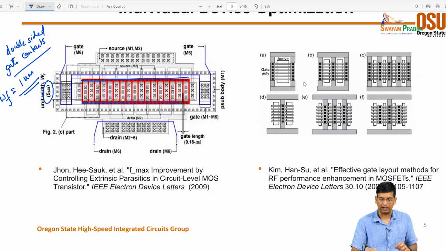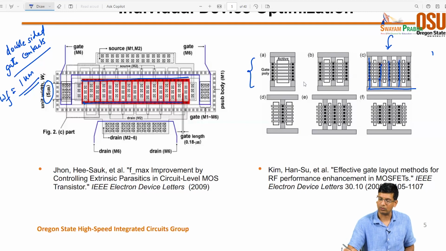If you need a really big device, instead of trying to make a device with larger width per finger, what you try to do is build layouts like this, where you split the number of fingers into a larger quantity so that the width per finger is small. And then instead of having a single long device, you have this sort of ring type structure, where the gates are coming in like this and feeding all these devices, right?